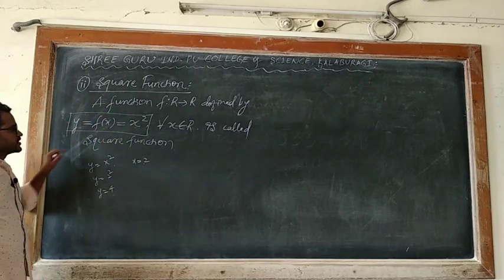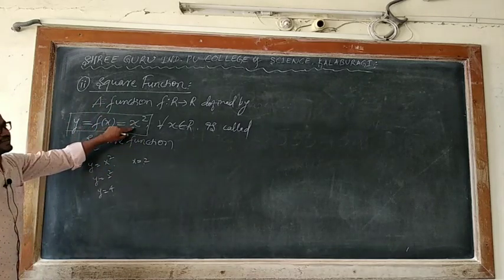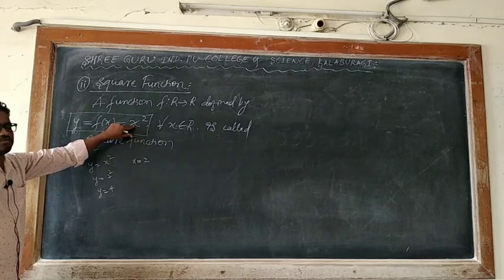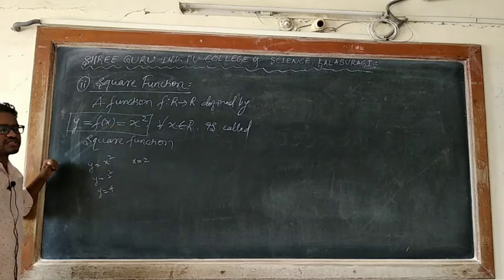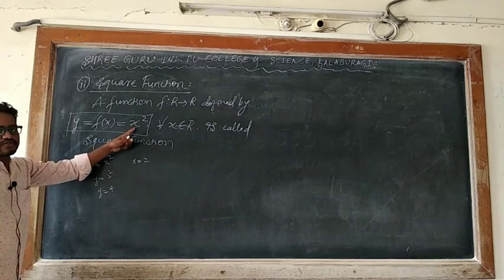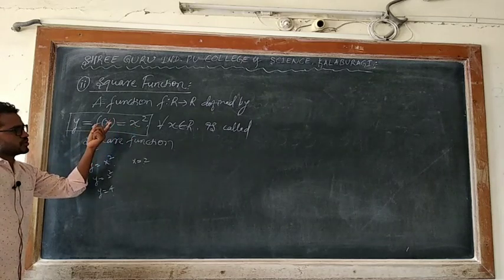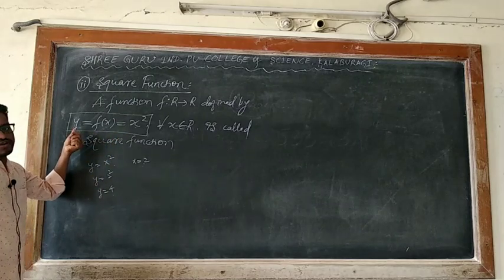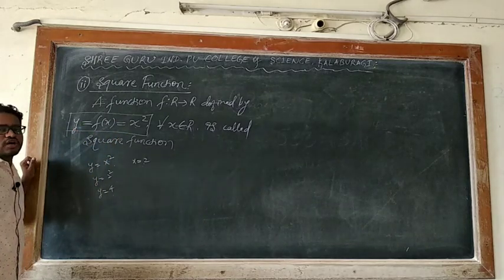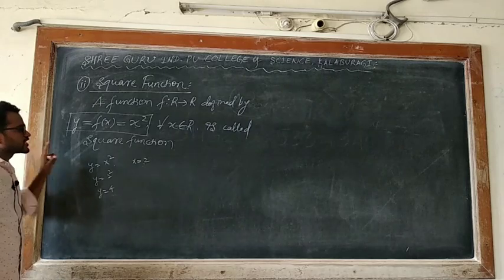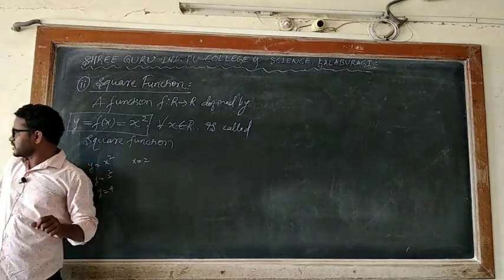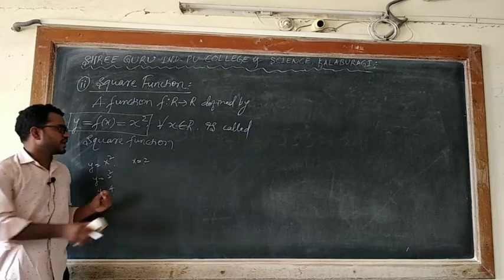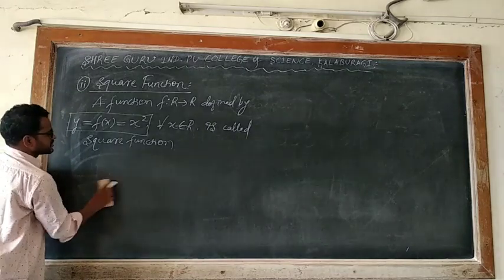This function converts real numbers x to their squares, and the y values are the squares of all real numbers. The x value is always the domain and the y value is always the range. So what is the domain of this function?